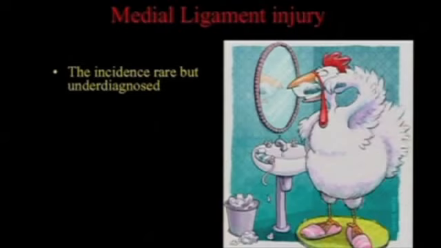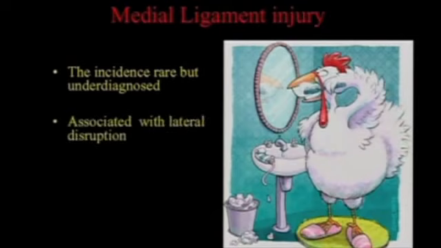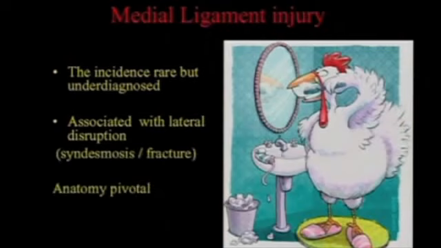Okay. A couple of slides about medial ligament injury. I think it sees us more than we see it, if that makes sense. So essentially, we under-recognize this condition, and increasingly there is awareness that we have medial ligament injuries as well. It can be associated with your lateral side or syndesmosis, and the key is to understand the deep deltoid is crucial.